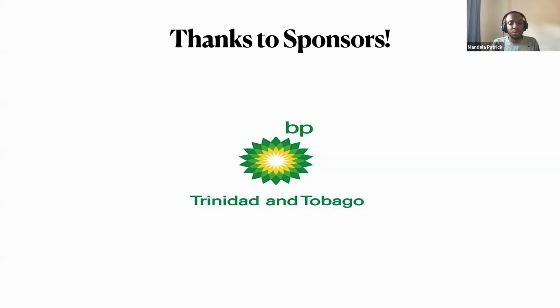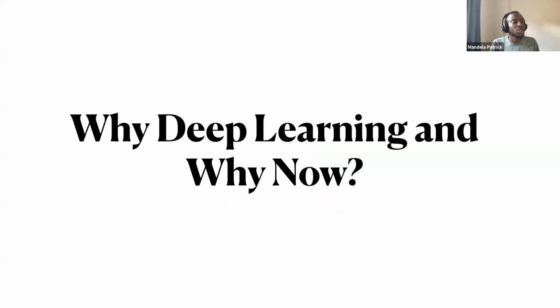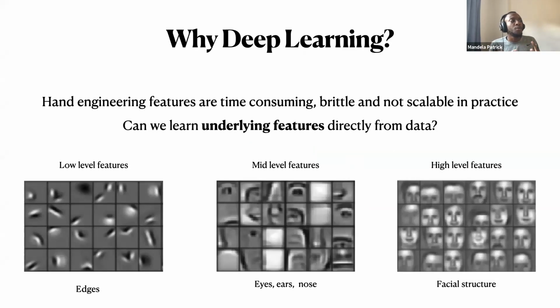Okay, let's move on. So why deep learning and why now? Traditionally, what we had was hand-engineered features. What we mean by hand-engineered features is that we think of concepts that are important to understand, say, an image, and we hand define how to describe these features or concepts.